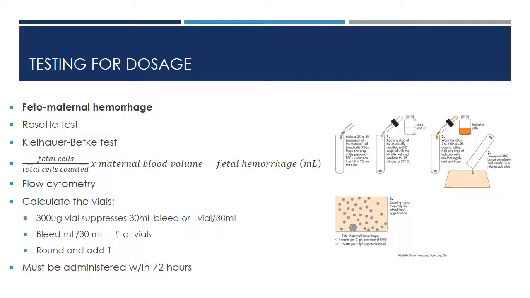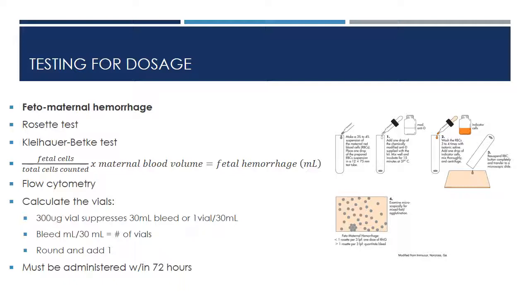Okay. However, if you've got a positive Rosette test, that means that there's been some kind of exchange across the placenta, and so you need to do the next test, which is the Kleihauer-Betke test, in order to determine the total amount of that bleed across the placenta. Now, the Kleihauer-Betke is just another term for an acid elution test.